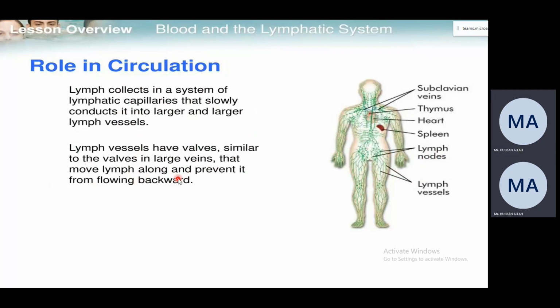We say in the veins that the function of valves is to prevent the flow back of blood. So the same, the valves will prevent the flow back of the lymph, right? So the lymph will also move in one direction as the blood moves in one direction in the veins.